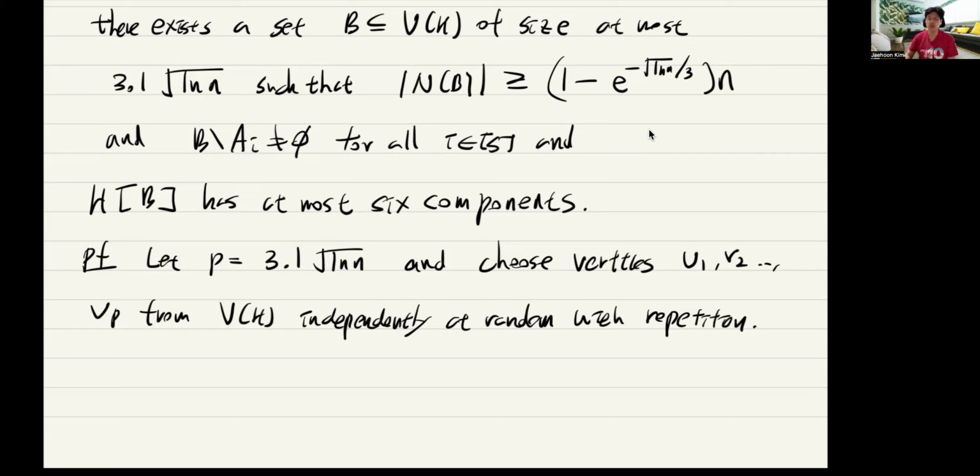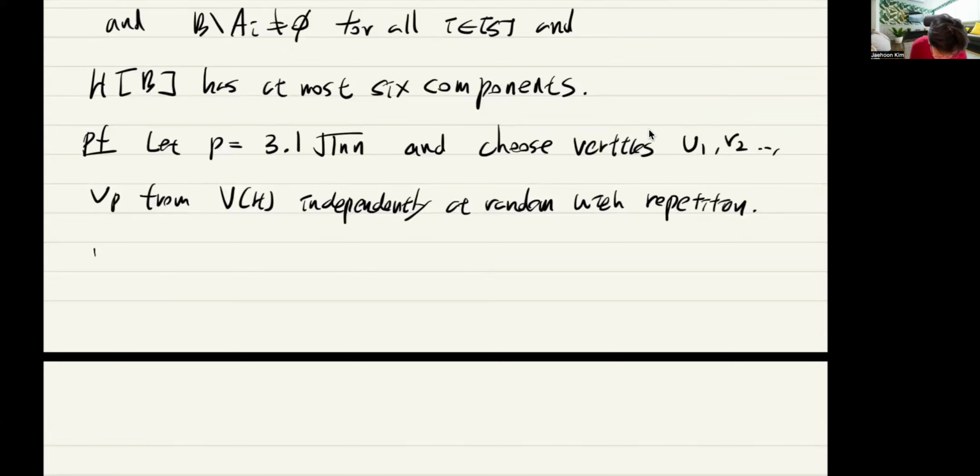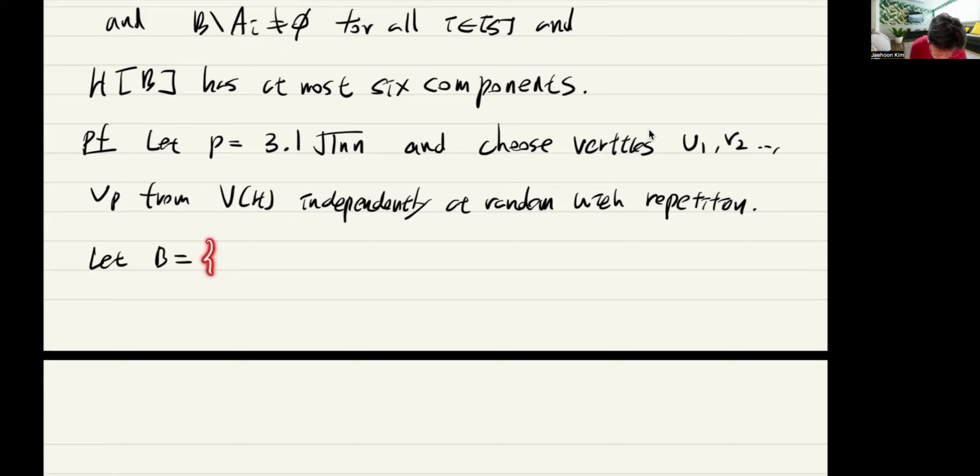So it's okay that the same vertex can be B1 and B2 at the same time. Let B be the chosen vertices.